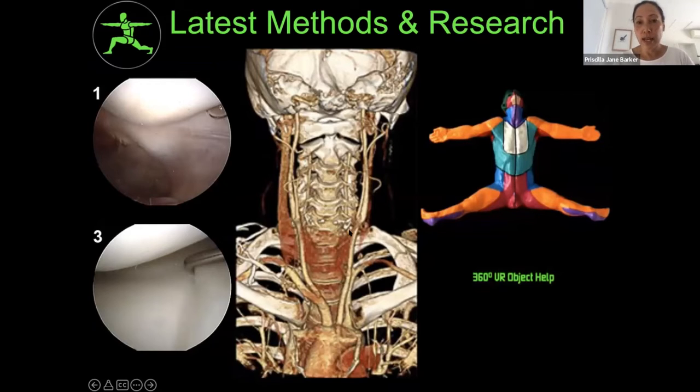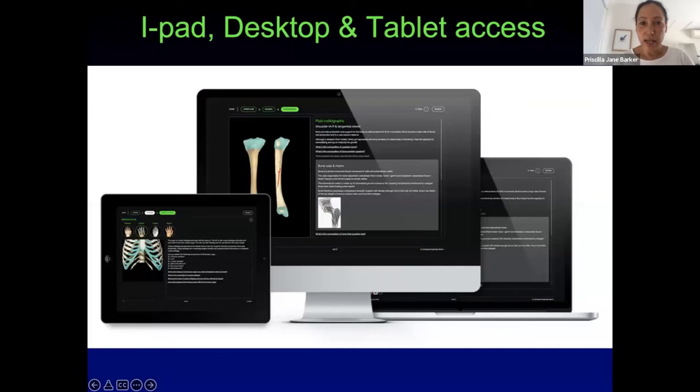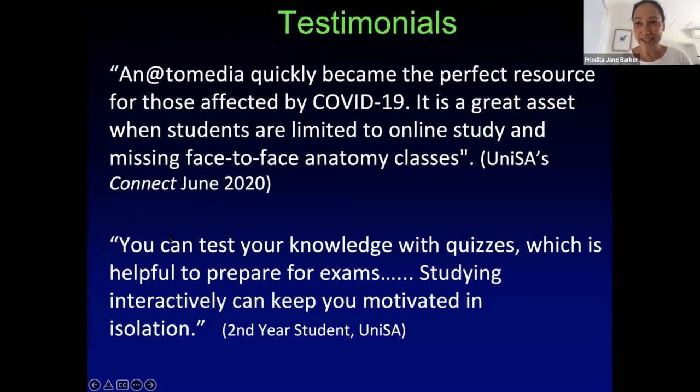And there are also some rotating three-dimensional images of the blood vessels in the neck, for example, and new concepts in anatomy like lymphotomes, which are the lymph drainage, how that is arranged from different regions of the body. So they're all incorporated. It's programmed in HTML5, so you can use it in any of those formats.